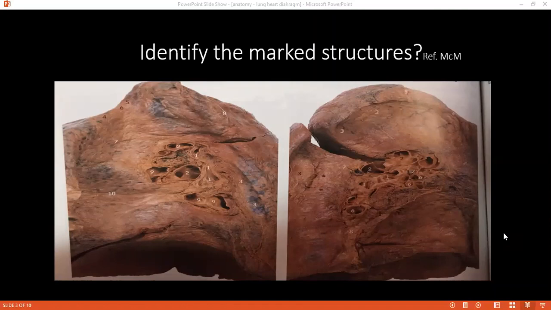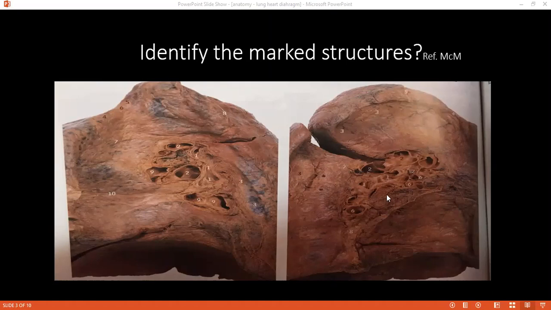On the right side, it lies on the right side of superior vena cava, right atrium, inferior vena cava, and along with inferior vena cava, it exits the diaphragm at T8, the vena caval opening. On the left side, it lies on the left.